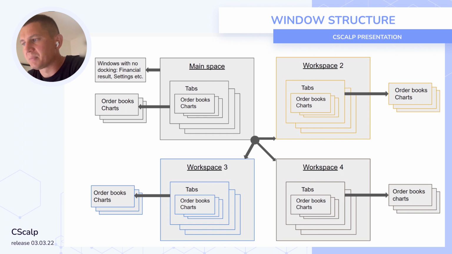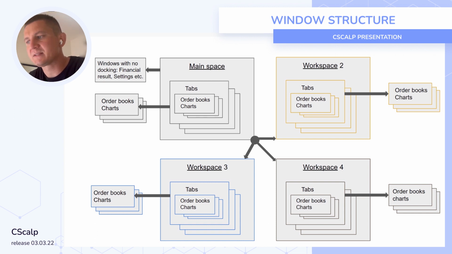The main space is a group of tabs. So tabs are the next level. There can be up to 20 tabs inside a space. Tabs are a familiar concept but with minor changes. Now the order book windows and charts that are outside the tab window also obey the tab.